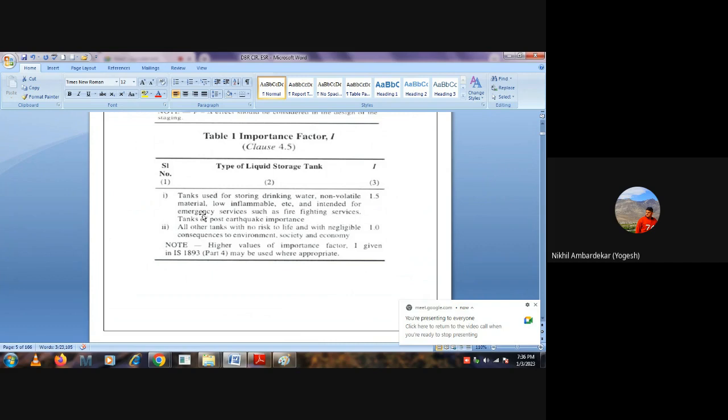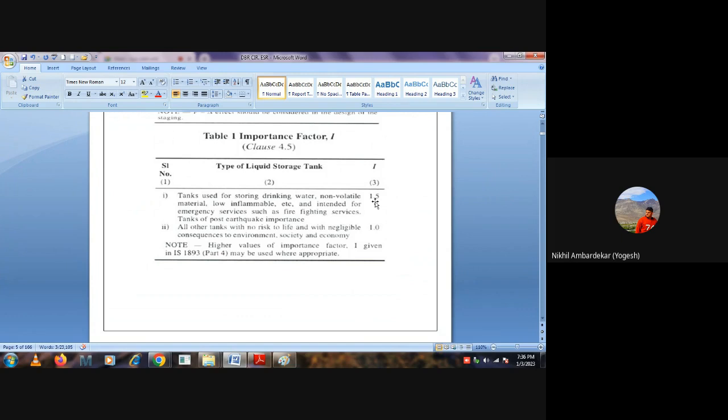A tank used for storing drinking water, non-volatile material, low inflammable, etc., and intended for emergency service. This is a very important sentence. If it is constructed to supply emergency services such as firefighting service, then for such a tank, importance factor I will be considered as 1.5. Clear?